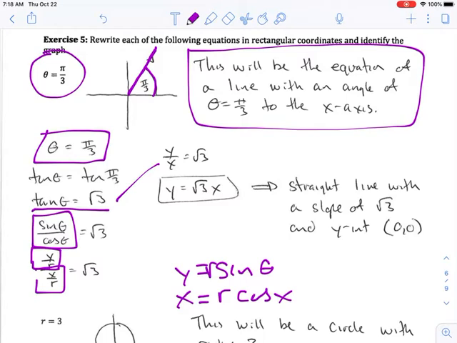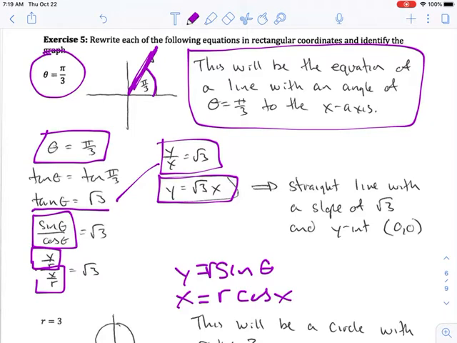So we end up with y over r divided by x over r, which simplifies to y over x is equal to radical 3. And writing that in a standard form for rectangular coordinates, we would have y is equal to the square root of 3 x, which is a linear equation with a slope of radical 3, which would perfectly represent that line.